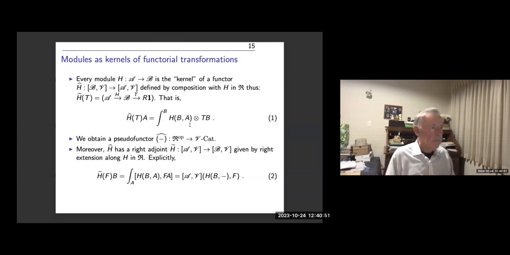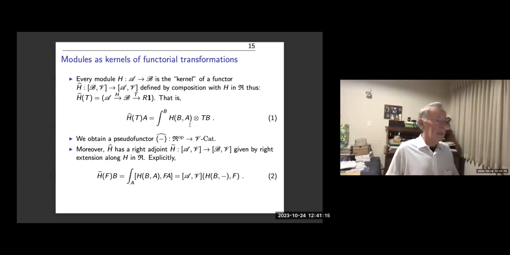Now, another way of looking at modules is that this is really like when you have a module in ordinary algebra. You get a functor out, which is tensoring by that module.